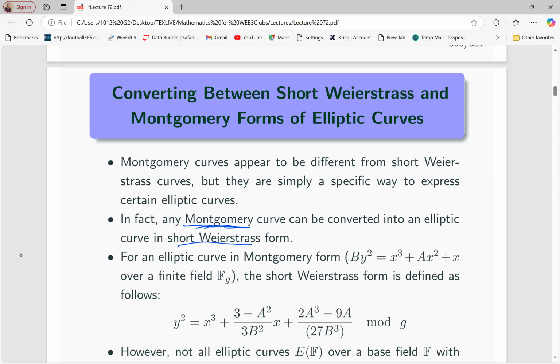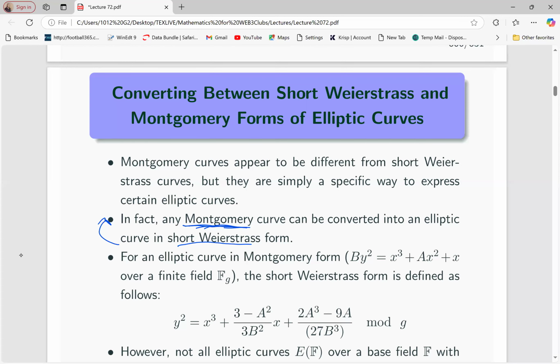But the opposite is not always true. What I mean by that is that not all short Weierstrass forms of elliptic curves can be converted to Montgomery.